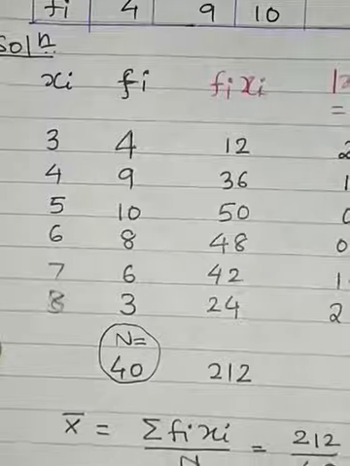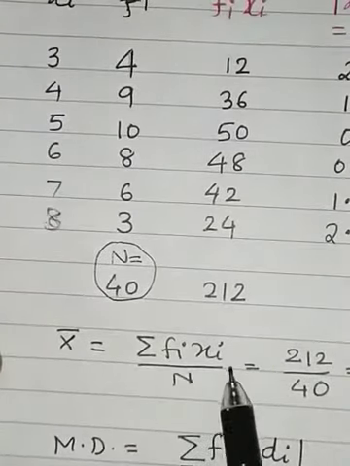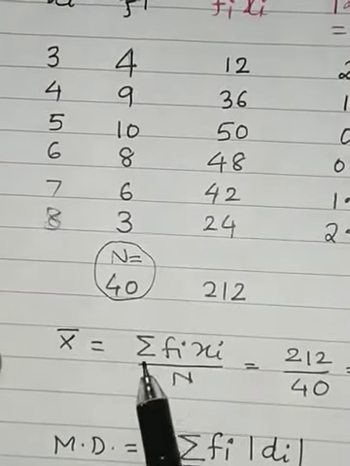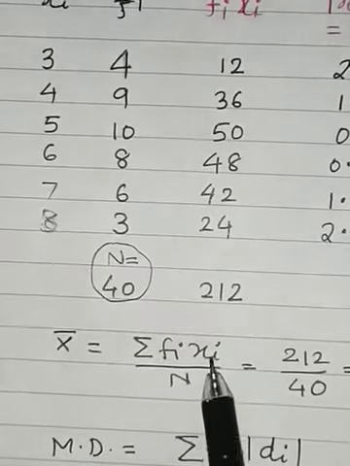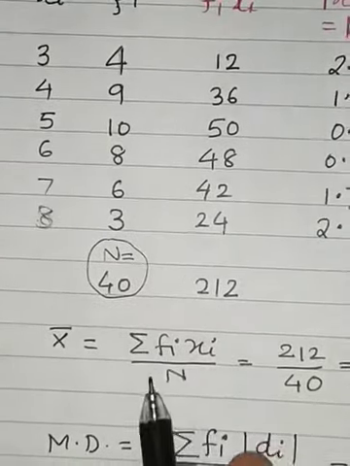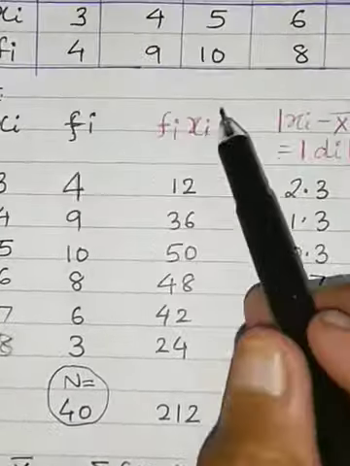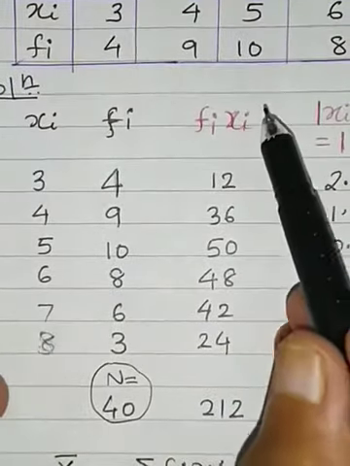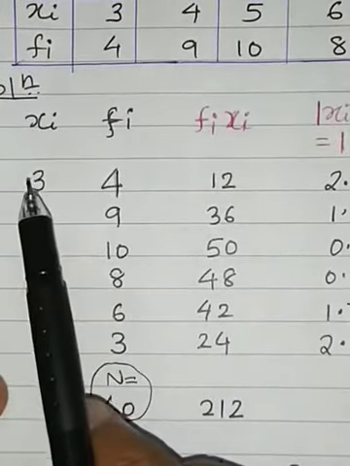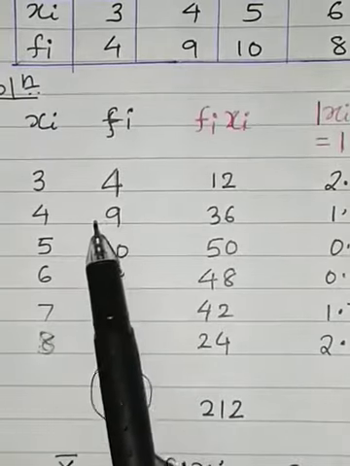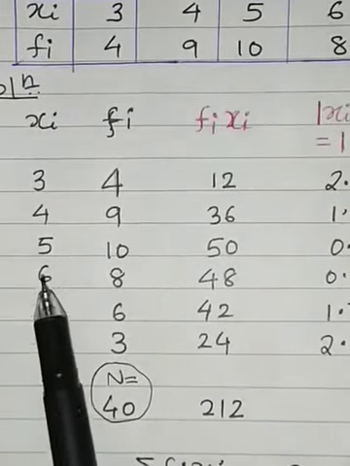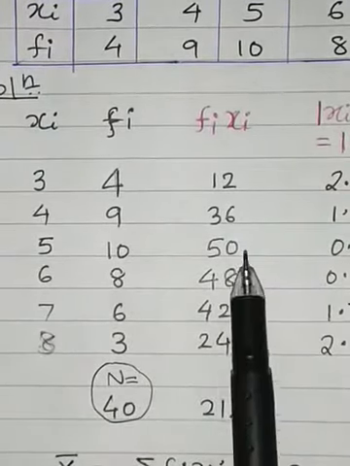Then to find the average, first you have to find x bar. Remember, average is x bar. You need summation fi xi. So first of all you have to make a column fi xi. So fi into xi, 3 into 4, 9 into 4, 10 into 5 and so on.